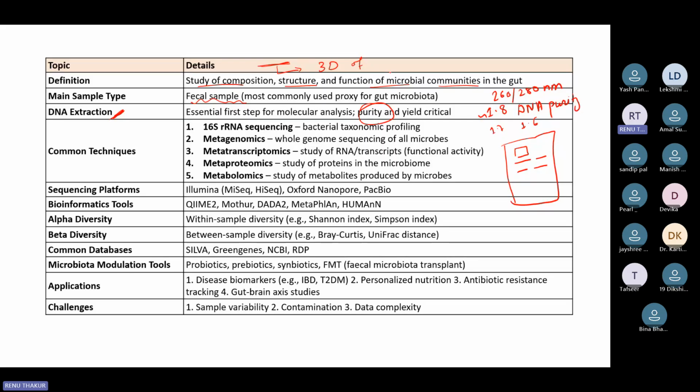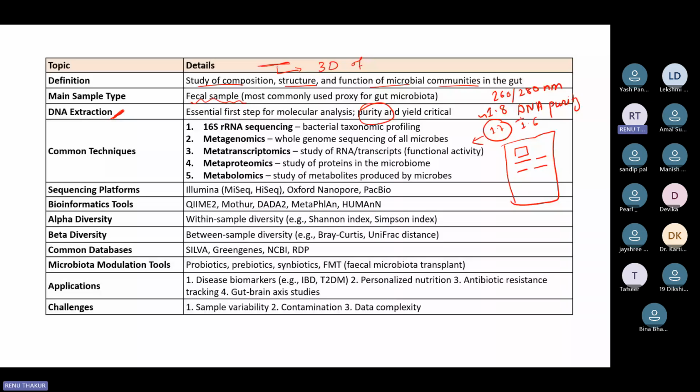So they check the purity, because this is important. If you have an impure DNA and you are using that as a template for PCR, then your PCR bands will not be acceptable. So whenever you are taking DNA as a sample or template, it should be of pure ratio 1.8, or else not less than 1.7 or more than 1.8.